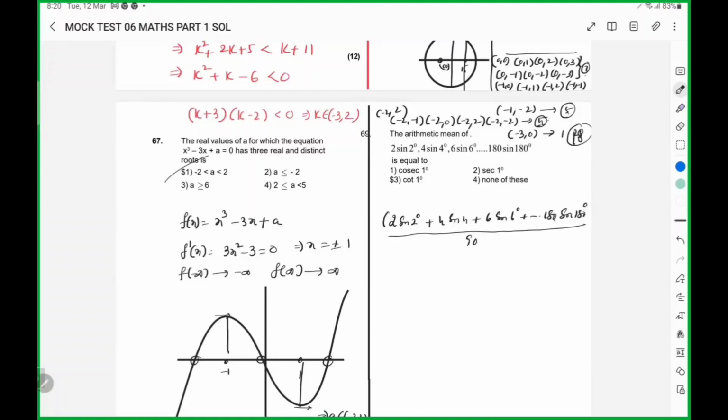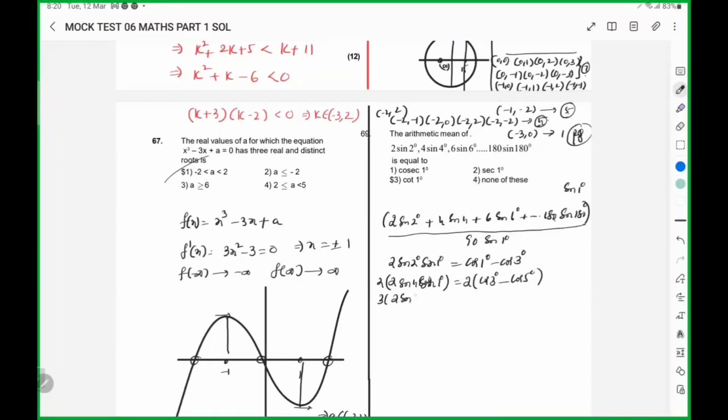So multiply and divide with sine 1 degree. Cos A minus B minus cos A plus B. Cos 3 minus cos 5.